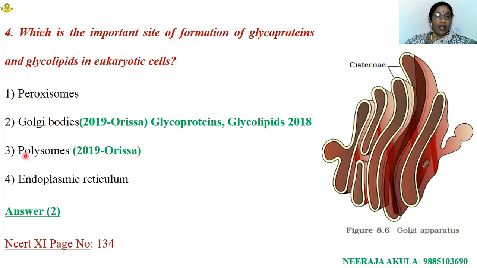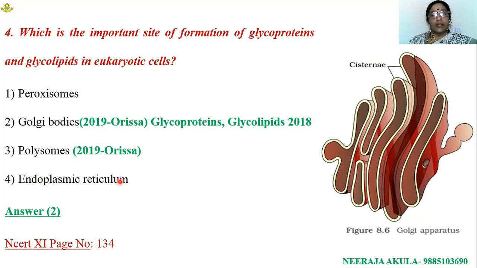Let us see in detail later. Polysomes, which are also known as polyribosomes or ergosomes. The clusters of ribosomes are attached to mRNA, which plays an important role in the translation process. Endoplasmic reticulum is a membrane-bound cell organelle.